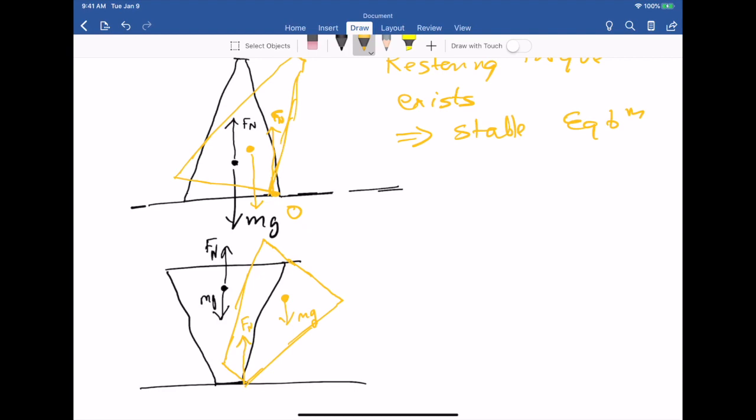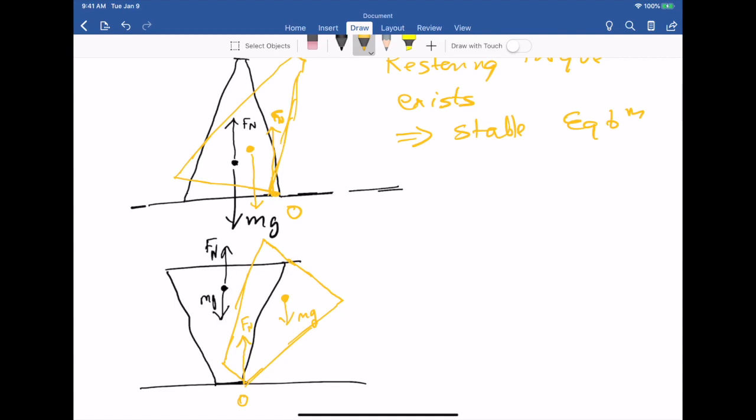Let's analyze torques about the right corner again, O. Fn, as usual, does not exert any torque about the point O. What about mg? mg is exerting a torque, but is it a clockwise or a counterclockwise torque? If you think about it carefully, you will see that it's a clockwise torque, because by itself, mg is trying to rotate the system clockwise.